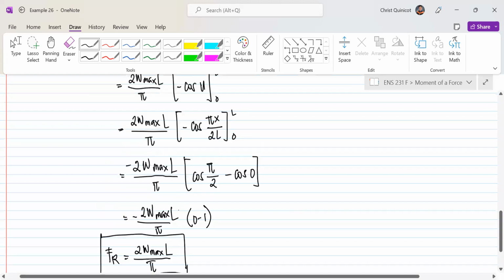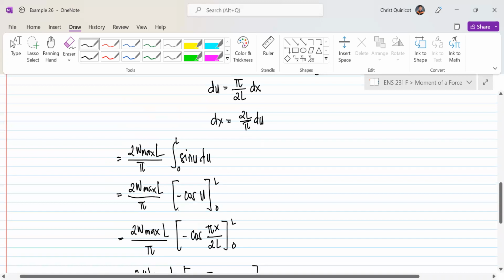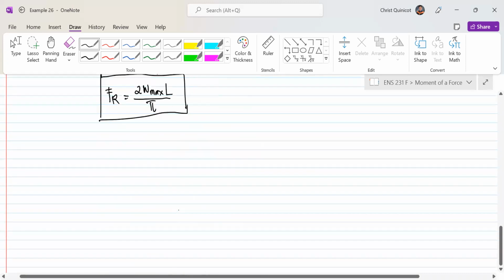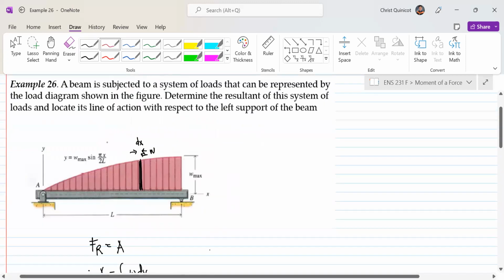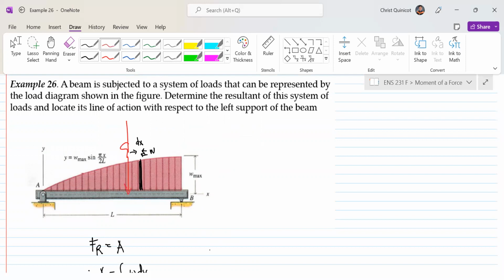Now, to find the location of our F sub R, let us say F sub R, then from here to here, let us call that distance.